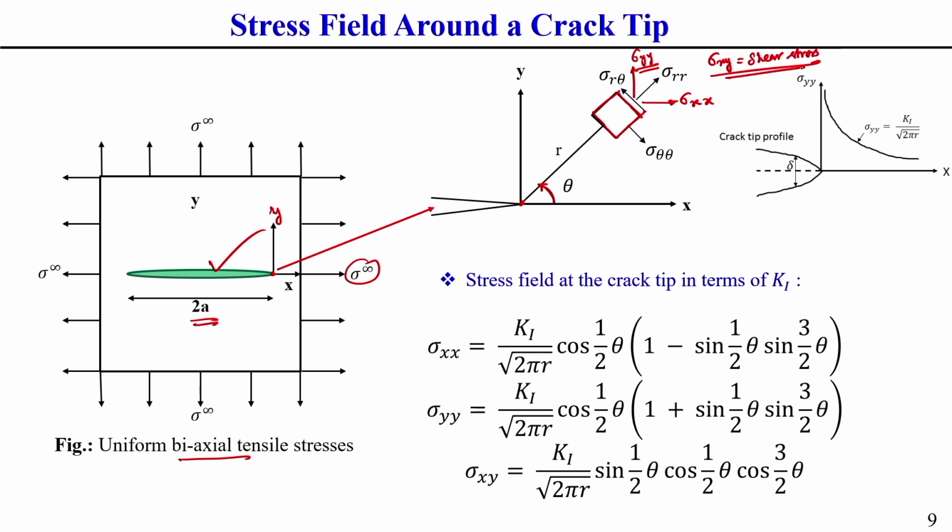We can find that out in terms of radial distance r, this angle theta and the stress sigma. Do you understand what I am telling? That is what I am going to discuss.